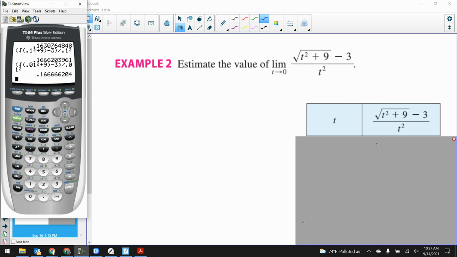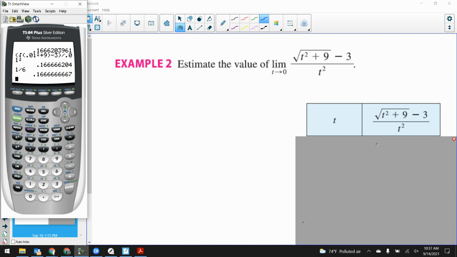0.16 repeated? Anybody know the value of 0.16 repeated? Not 2/3. That's just 0.6 repeating. This is actually 1/6. Now, I am doing this example specifically because when we get to section 2.3, we algebraically find how this is going to be 1/6.